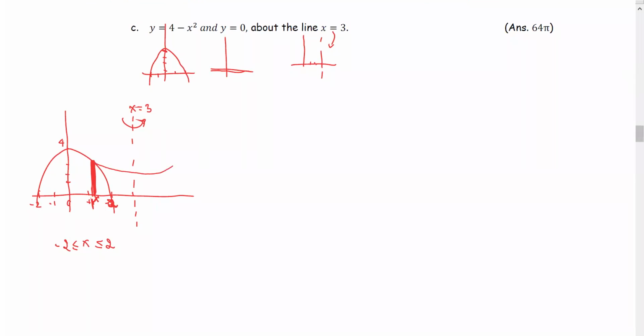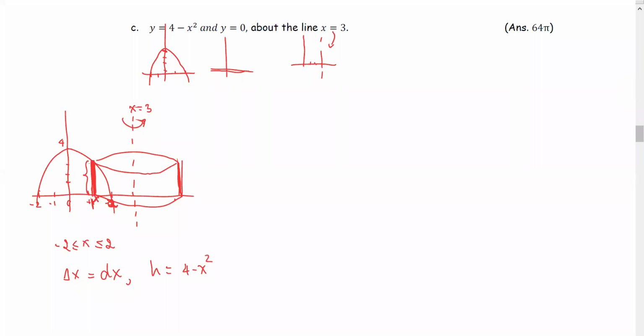To rotate this bar about the axis of revolution, we'll form the shell. The thickness of the shell is delta x, or dx. The height of the shell, or the bar, is the function value, which is 4 minus x squared.